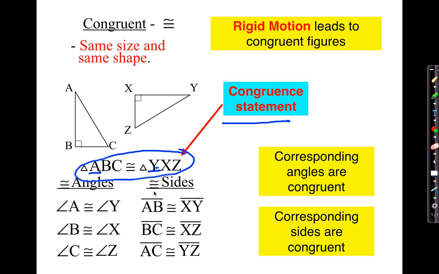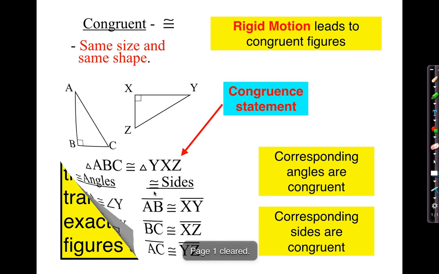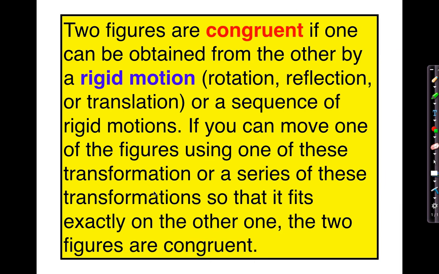Two figures are congruent if you can get the other shape by using either a rigid motion or a sequence of rigid motions. So basically, if you can move one of the figures using one of the transformations or a series of them, then you know for sure that they are congruent, because these types of transformations preserve congruency.